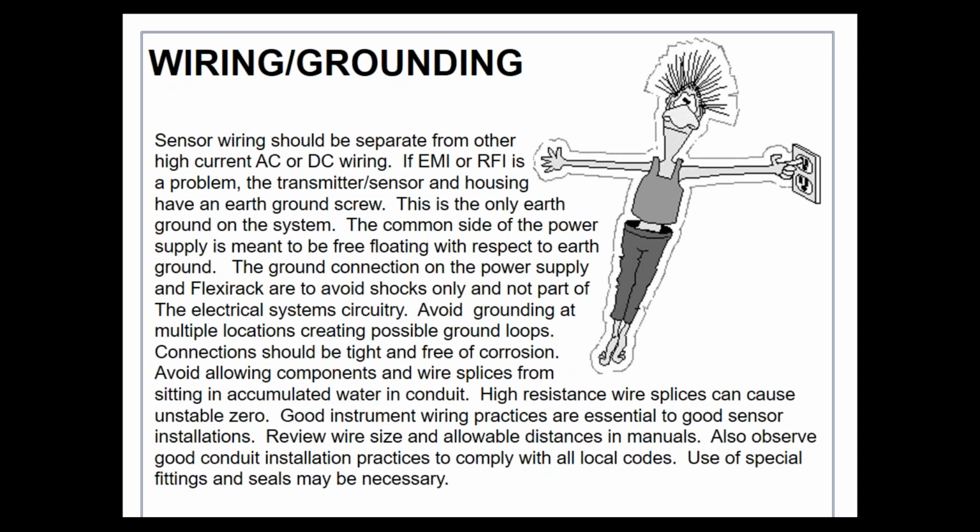That's probably one of the biggest problems I've seen out there, where they've grounded at the sensor 1,000 feet out, and they've grounded at the power supply, and then they have 2 or 3 volts AC going across the conduit line that gets induced right into the DC wiring. So just keep in mind, if you read the manual and you have a good electrician do the installation, grounding shouldn't be a problem.